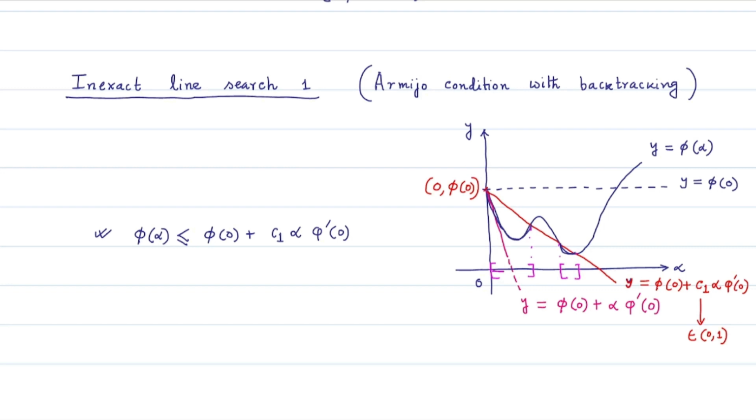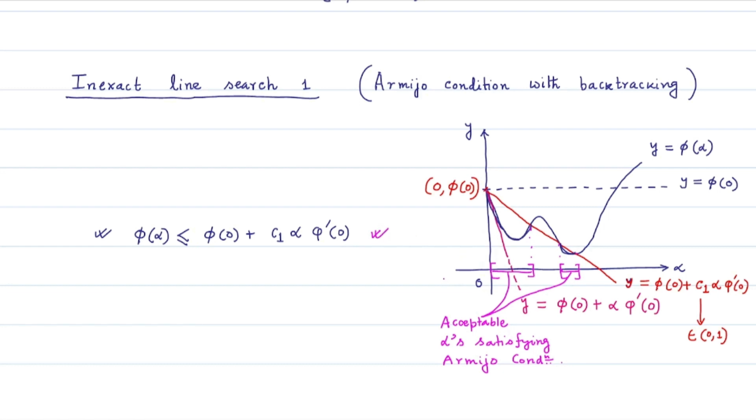The union of these two intervals gives us acceptable alpha values for which the Armijo condition is satisfied. This inequality is referred to as the Armijo condition.